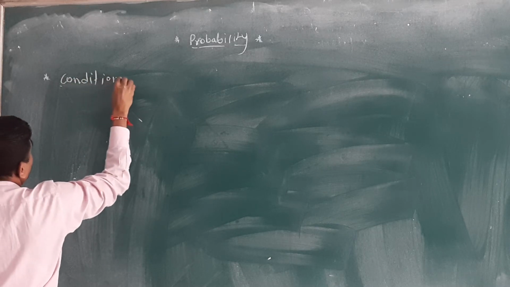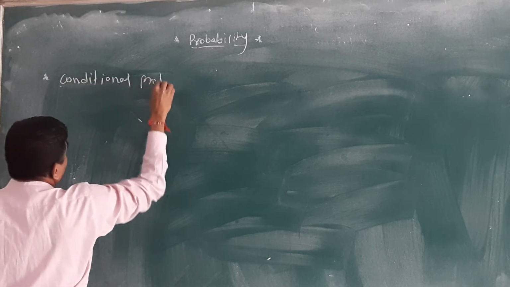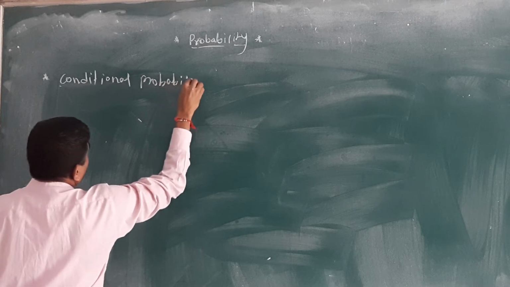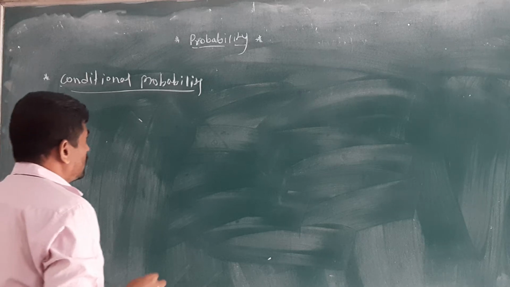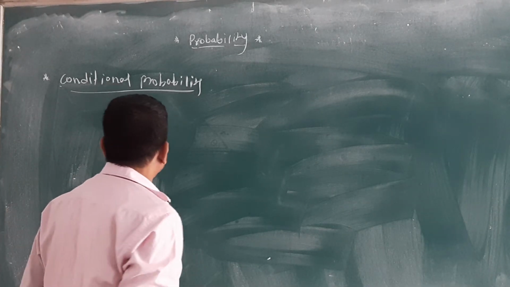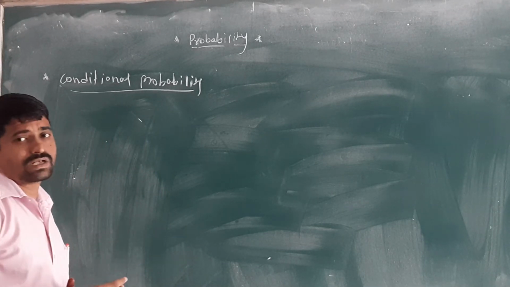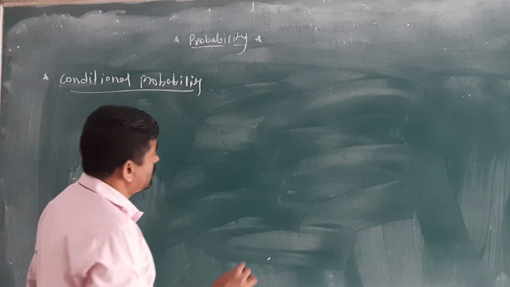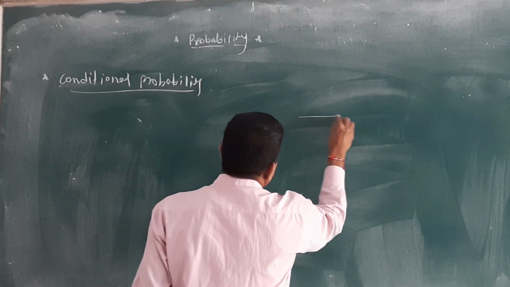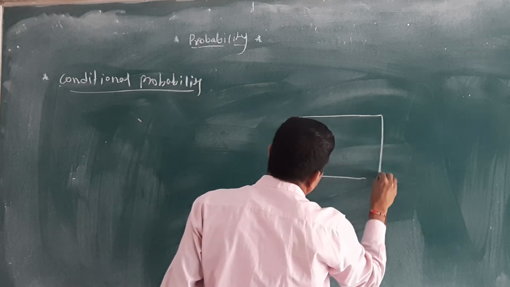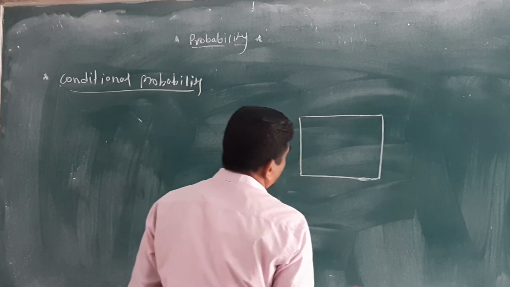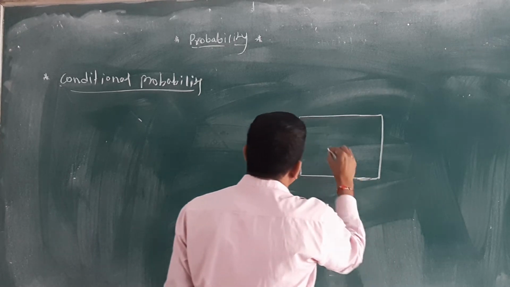With the conditional probability, I will take here one example, to show how to calculate that conditional probability. See, with the help of that example, I will draw here a Venn diagram. With the help of that diagram, you can remember the formula of the conditional probability.